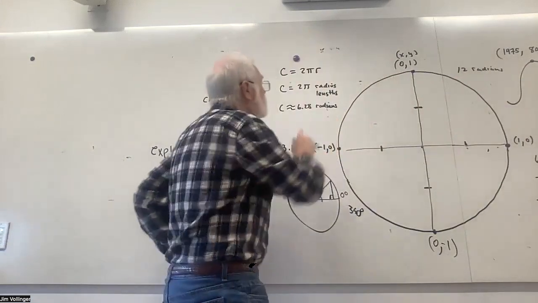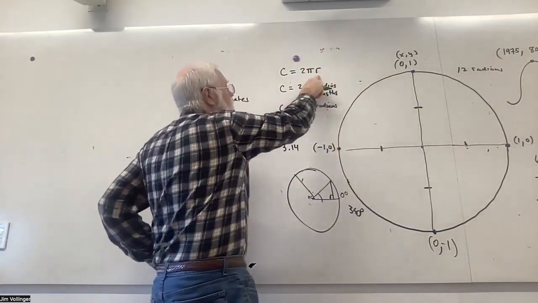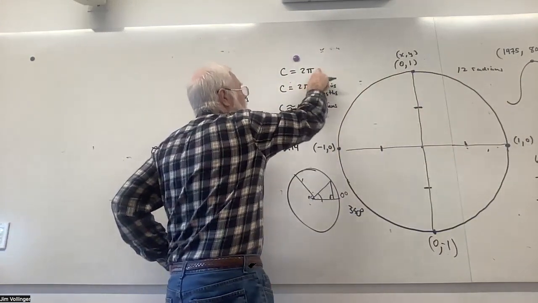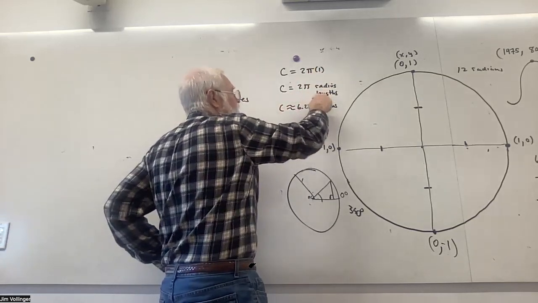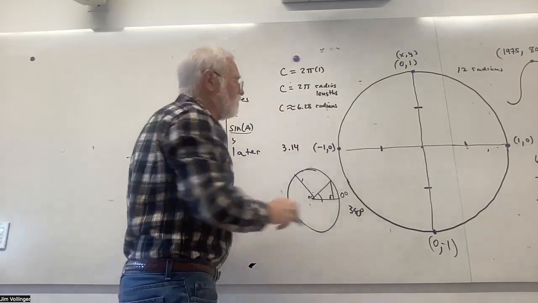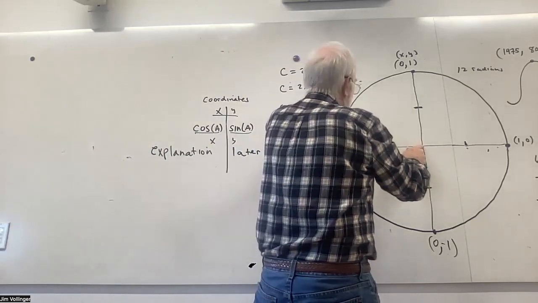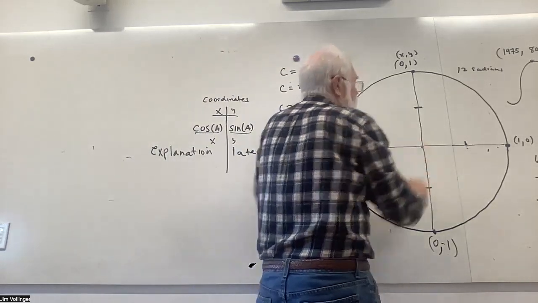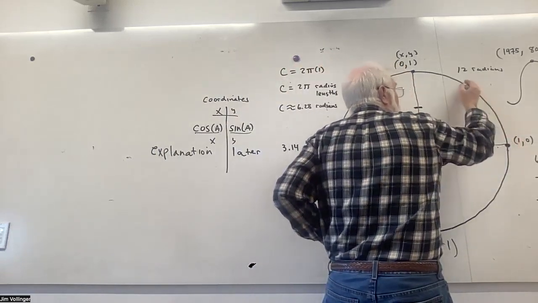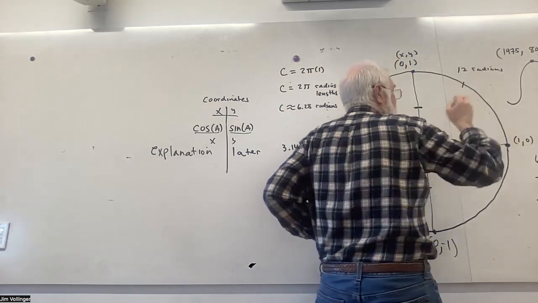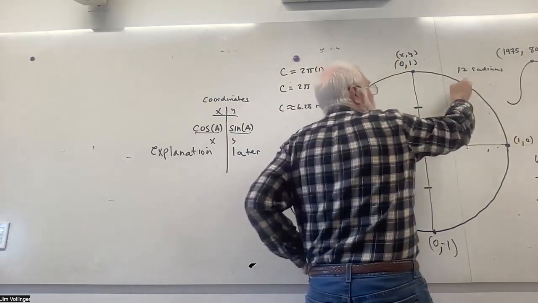Well, we've got to look at the circumference formula, 2 pi r, and we're making r equal 1. So we have 2 pi radius lengths. Whatever the size of the circle, there's a radius length. And if we attach it beginning here, that should be about 1 radian length, somewhere in here.